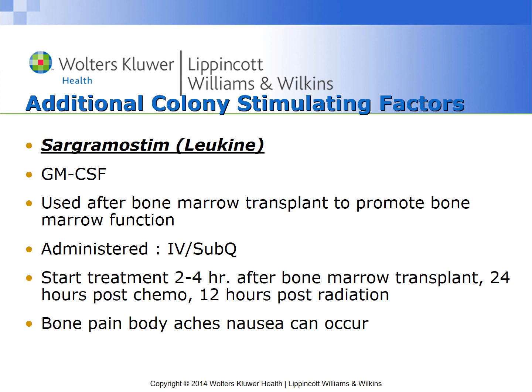Okay, and these are used to help with building up those macrophages. And it's used to treat patients who undergo bone marrow transplants for Hodgkin's, non-Hodgkin's lymphoma, or acute lymphoblastic leukemia. So it also promotes that engraftment to take place and function of the transplanted bone marrow.